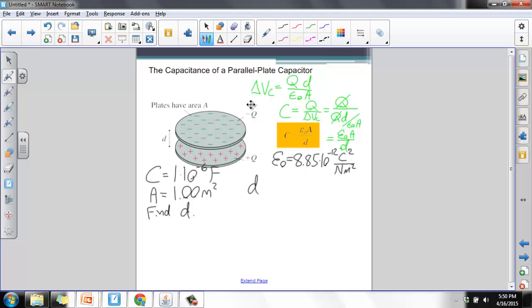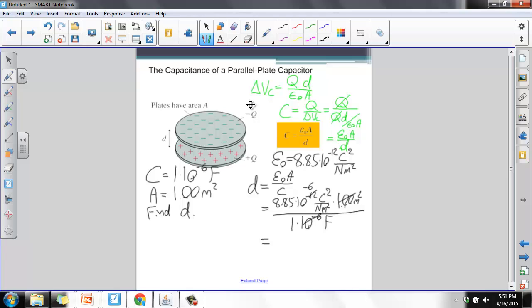So first we'll solve algebraically. D is equal to epsilon naught A over C. And then we'll plug in our values. So 8.85 times 10 to the minus 12 coulombs squared over Newton meters squared times 1.00 meters squared divided by 1 times 10 to the minus 6 farads, a microfarad. That's going to give us, well, we have a 10 to the minus 6, which will cancel part of that, so that'll leave us 10 to the minus 6 there.